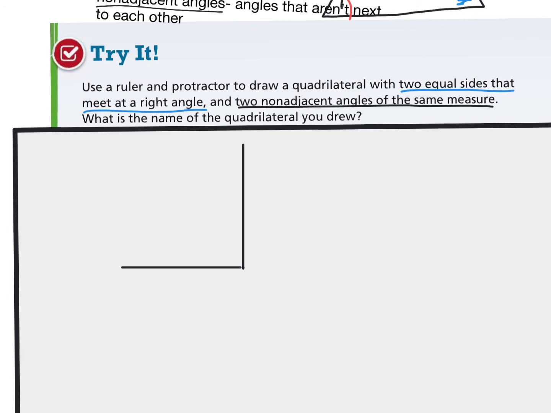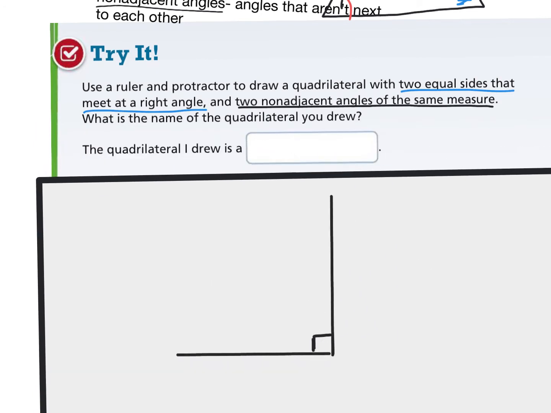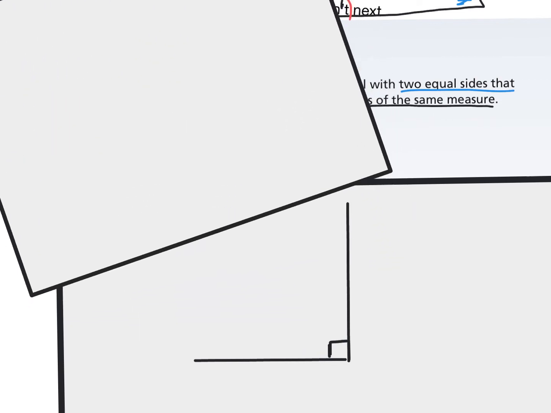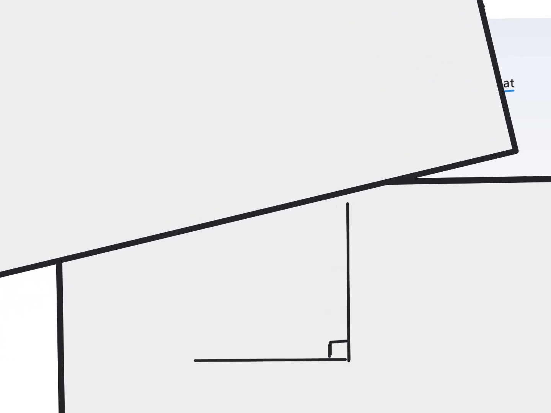Okay, so these are meeting at a right angle, and those are about the same length here. It's maybe not perfect, but it's pretty close. And I've kind of cornered myself in here a little bit. I probably should have given myself more space up here. So I don't know if this is going to be distracting or not, but if you can ignore that, I'll try and make my other sides maybe with a different color.